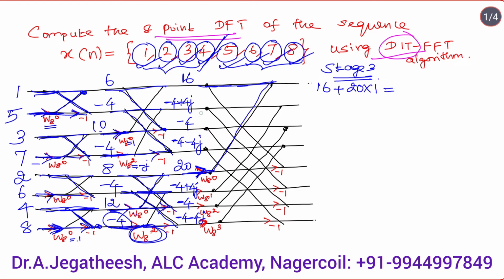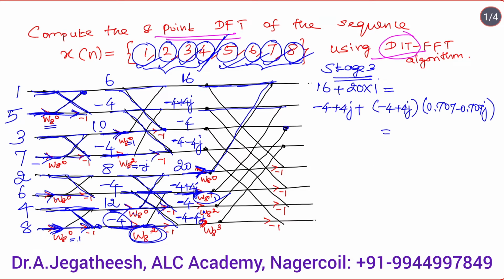Next you have minus 4 plus 4j plus here also you have minus 4 plus 4j multiply with this twiddle factor W8 power 1. This twiddle factor we already know the value is 0.707 minus 0.707j. So you will get minus 4 plus 4j into 0.707 minus 0.707j.